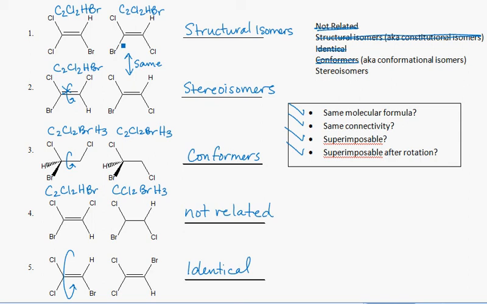If we do that with these two molecules, we have a carbon with a bromine and a chlorine attached to it, and a carbon with a hydrogen and a chlorine attached to it. That's for the first molecule, but you can see if we did that for the second molecule, it would be the exact same. Another thing I say is to imagine squashing the molecules flat and showing no three-dimensional, only two-dimensional aspects of it, and they should be the same.